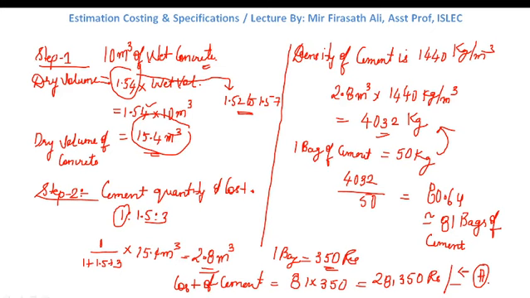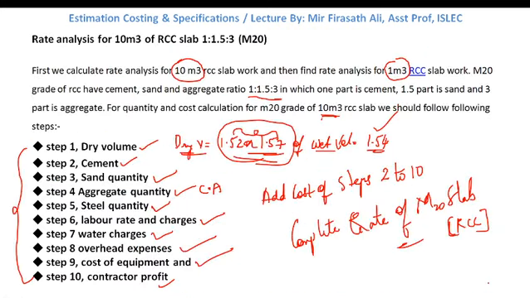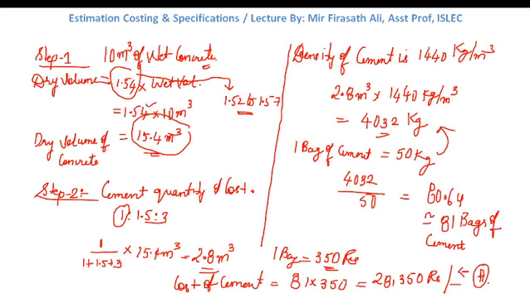Similarly, now the step is completed. We have calculated the quantity and cost of cement. Now let us calculate the sand quantity and cost of sand. Step 3: sand quantity and cost.